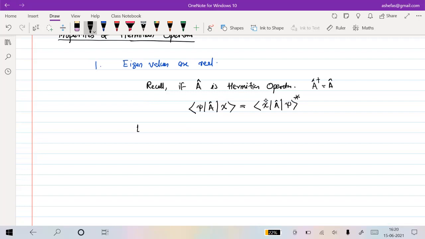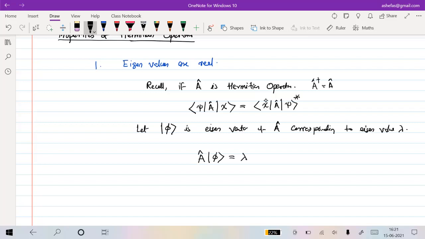Then let ket phi be an eigenvector of A corresponding to eigenvalue lambda. We can write this eigenvalue equation as: the operator A acting on ket phi equals lambda times ket phi.